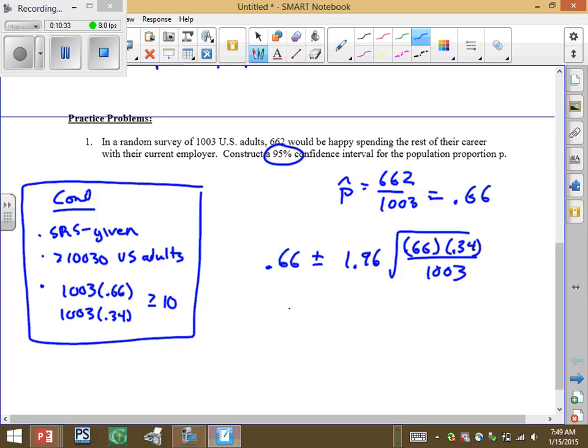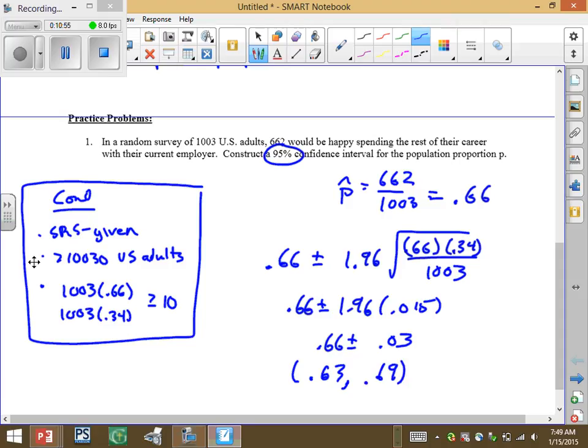You end up with 0.66 plus or minus 1.96 times 0.015. So we multiply that by 1.96, and we're going 0.66 plus or minus basically 0.03, which means my interval is 0.63 to 0.69.